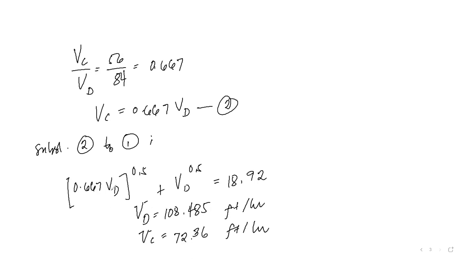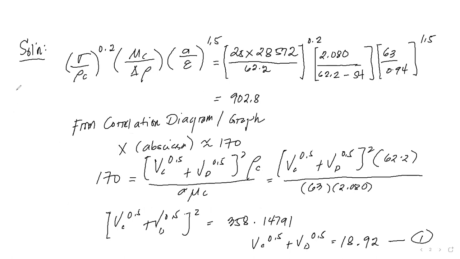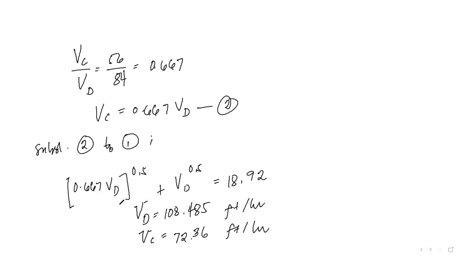So if I label this as letter A, this will be the answer for letter A, the flooding velocity. So we are to predict when our column will be flooded. At these linear velocities of our dispersed phase and continuous phase, the column will be said to be flooded. So that's for your letter A.